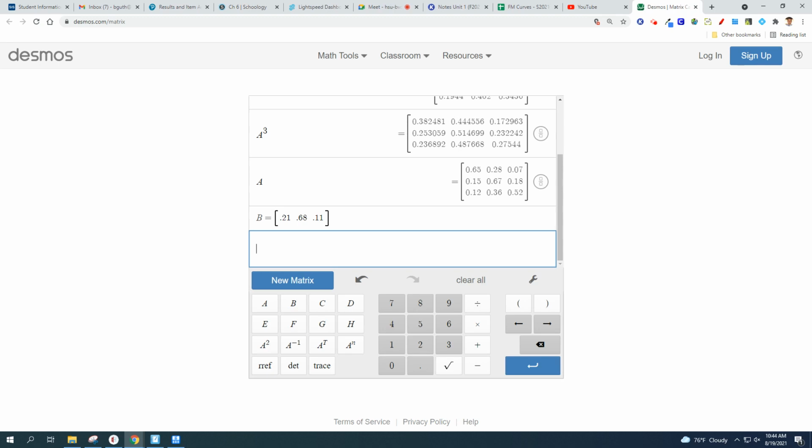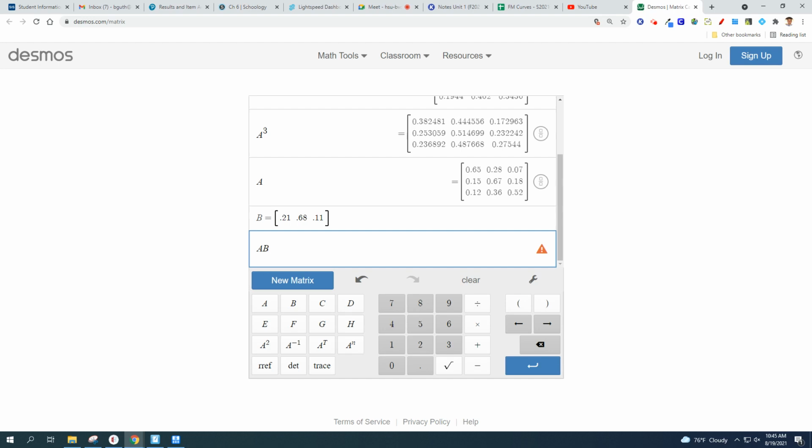Notice all the formula says to do is multiply them, but I'm going to mess up on purpose. If I try to multiply them, I get an error message. Why? Does it matter whether it's B times A or A times B?